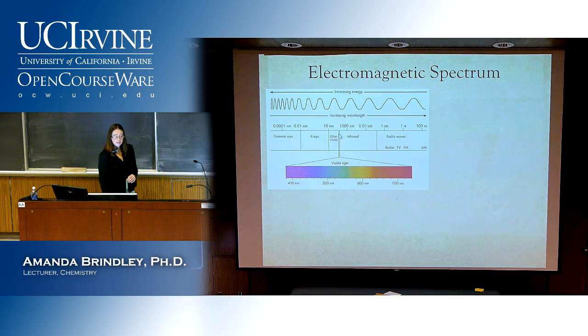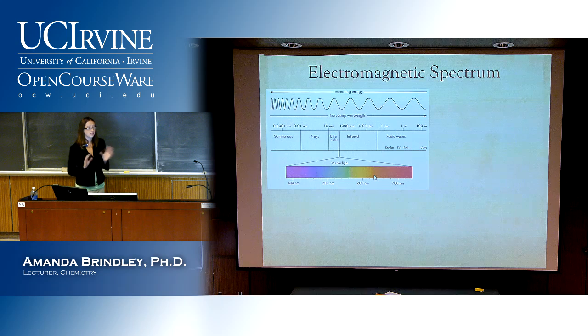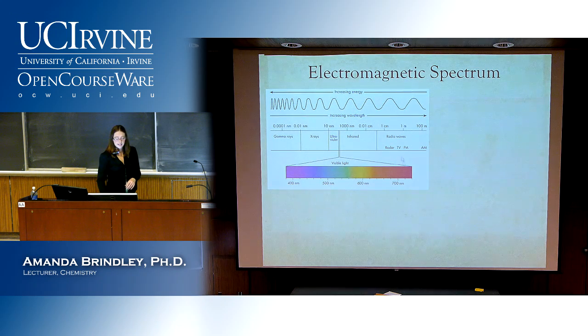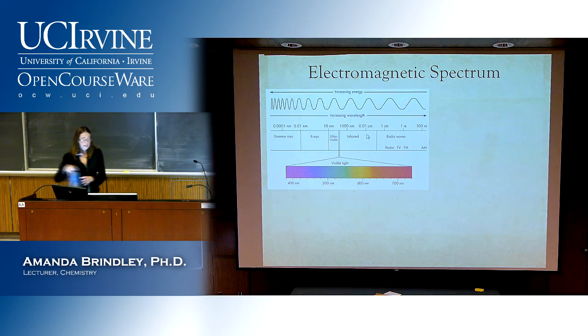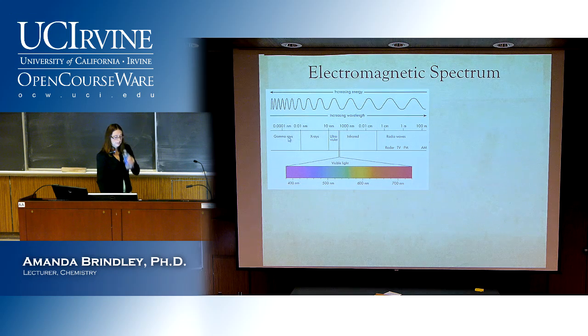Now, this little section right here is blown up so that you can see it, because that's the visible wavelength. That's special to us because we can see it. But what you'll see here is that you have your radio waves, your infrared, which is heat, and then your visible, and then your ultraviolet, X-rays, and gamma rays.